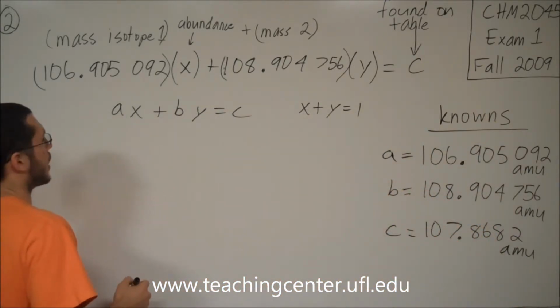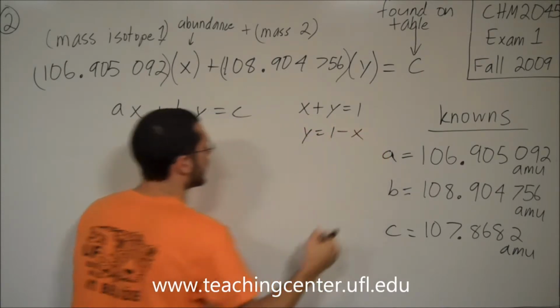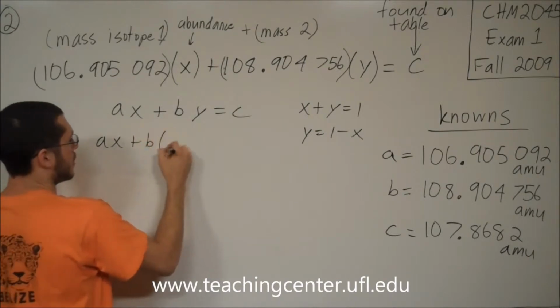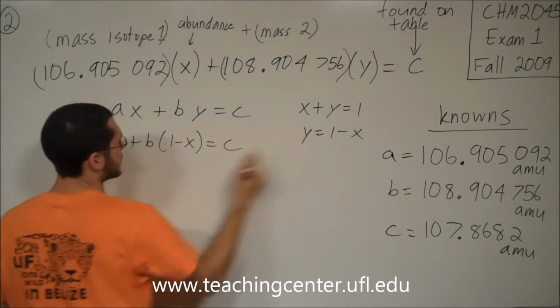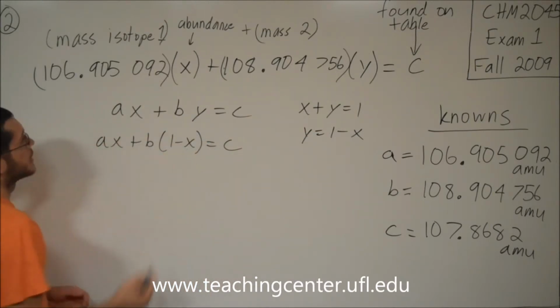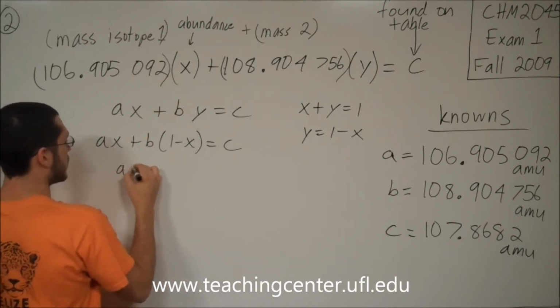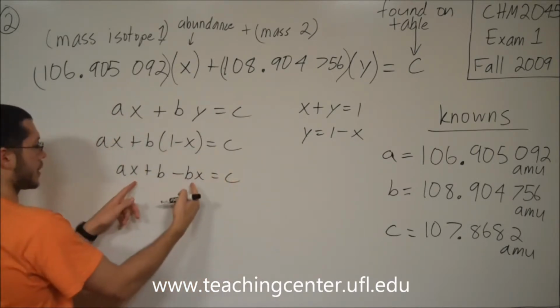Okay, so I'm going to solve this equation for y and eliminate y in this equation. See that? I just plugged 1 minus x in for this y there. And now I'm going to solve for x, because that is the fraction of abundance of the first isotope. Alright, solving for x.